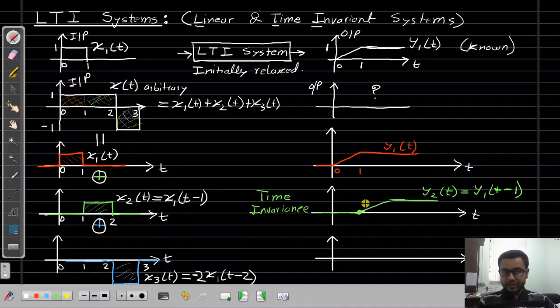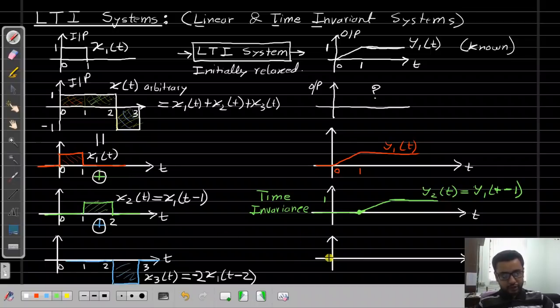Time invariance of the system helps me in computing this output. Next, I shall compute the output for x3(t). Now you note that x3(t) is a delayed version of x1(t). So the output will also be delayed by 2 units.